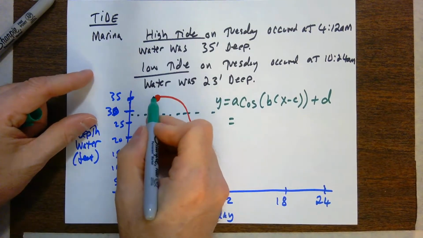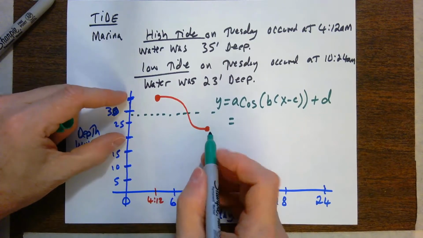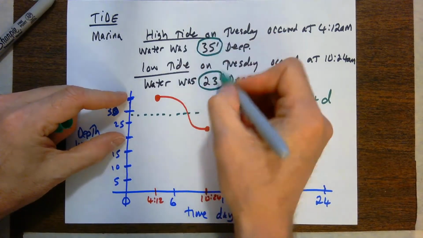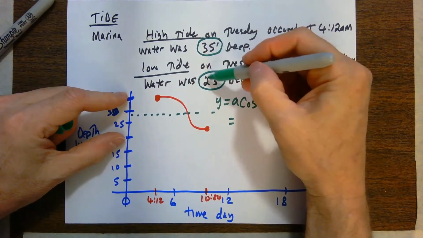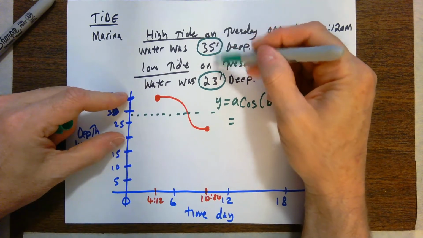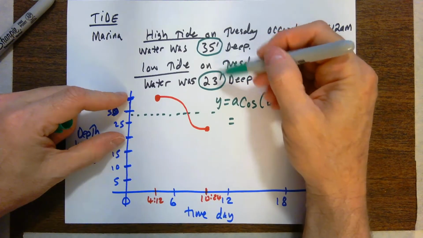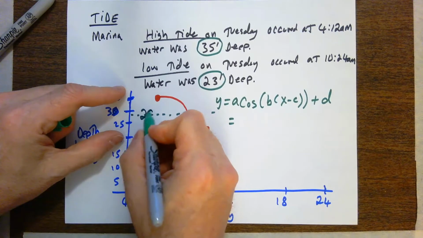So if I've got 35 here and 23 here, what's halfway between them? Add them together, 30, 40, 50, 58. Half of 58 is going to be 29. So 29 feet is my center line.